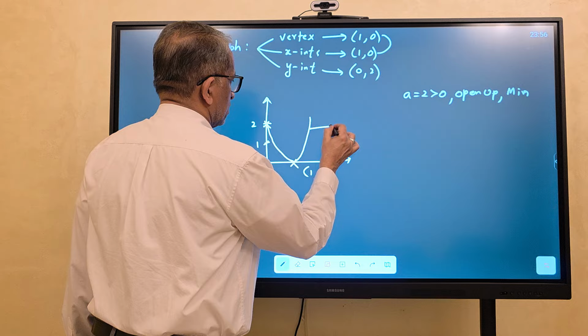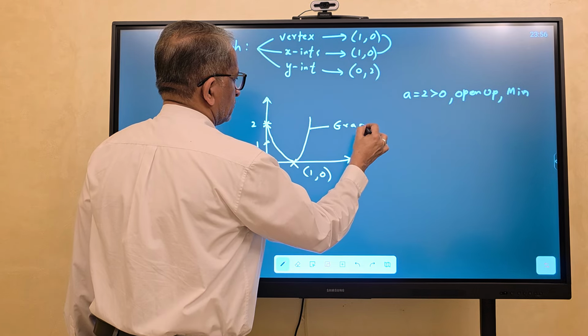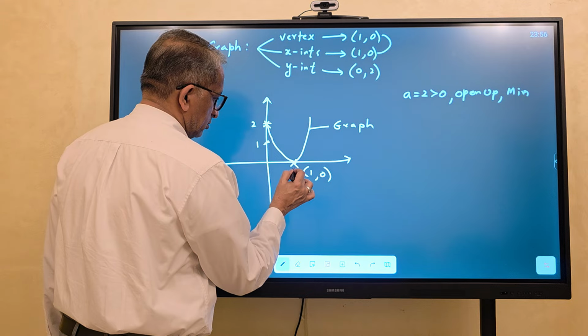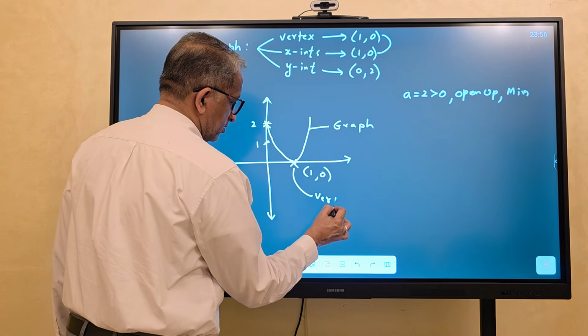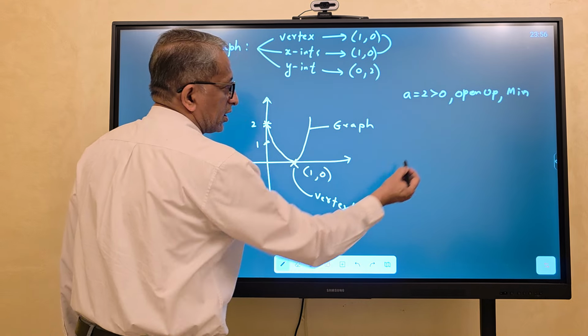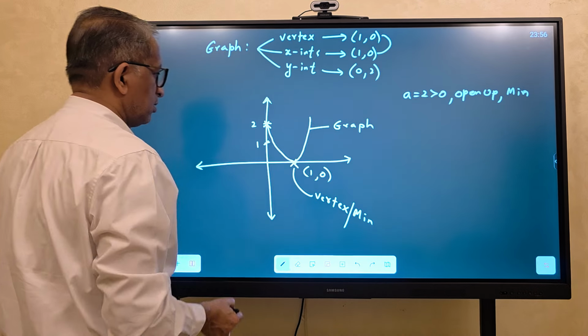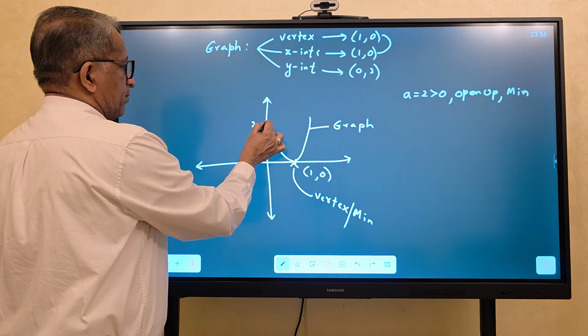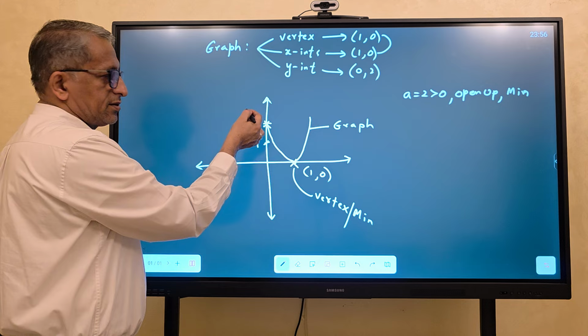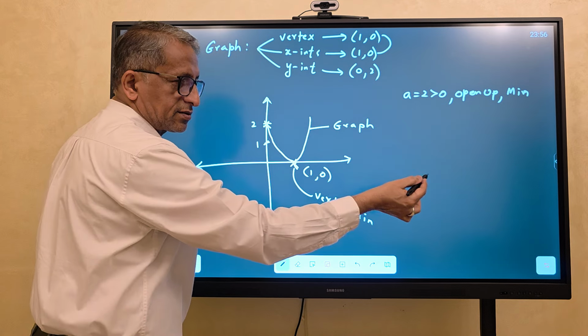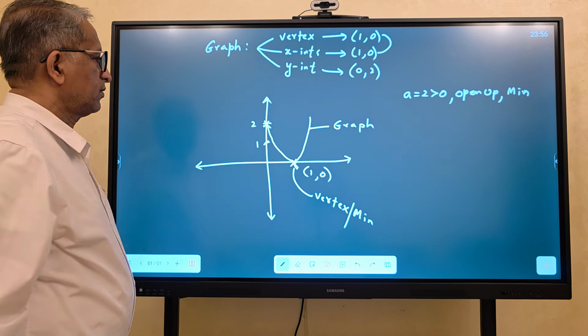So this is the graph. And this is the vertex, right? And what else? It is the minimum. And this is the y-intercept because it is cutting the y-axis. This is the x-intercept because it is cutting the x-axis. So this is the graph of this question.